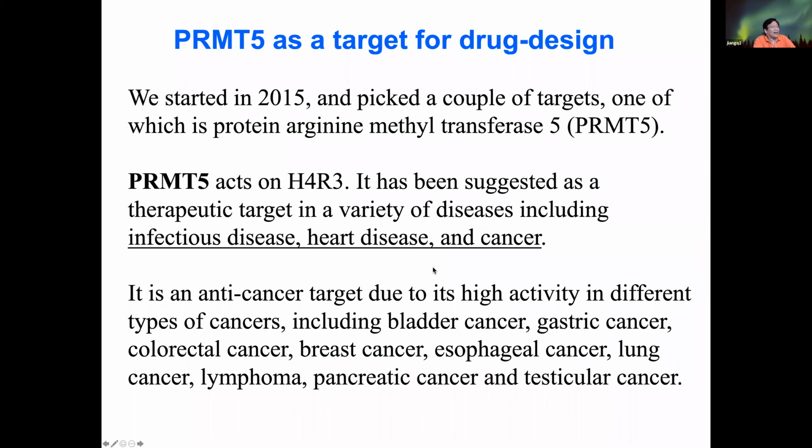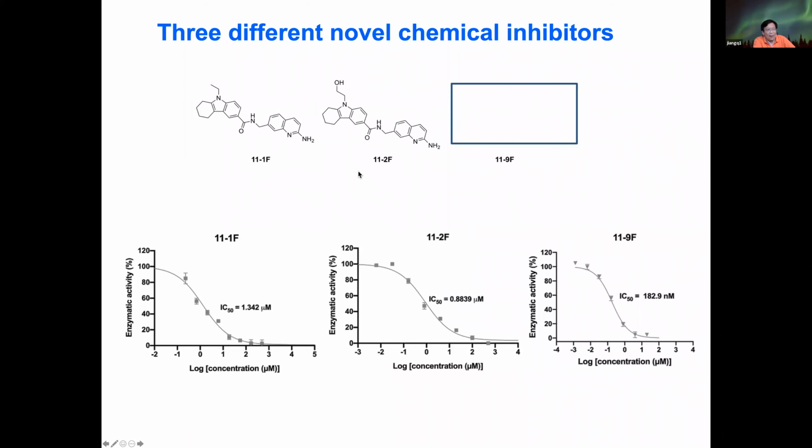So our selected target is PRMT5, which is a methyltransferase with significantly higher activity in a broad spectrum of cancer cells. Because of that, we chose this as a target, and our collaborators already have multiple compounds in the in vitro assay.